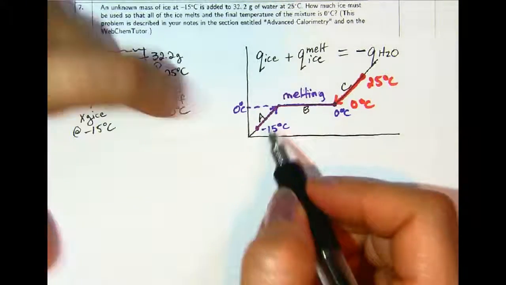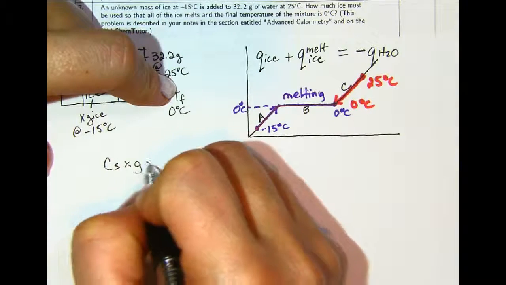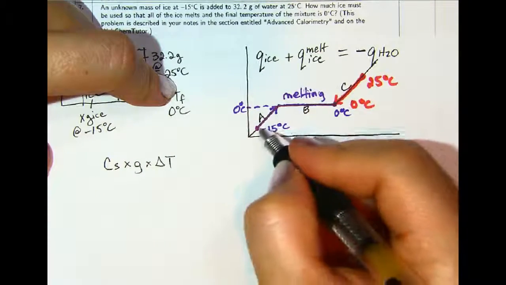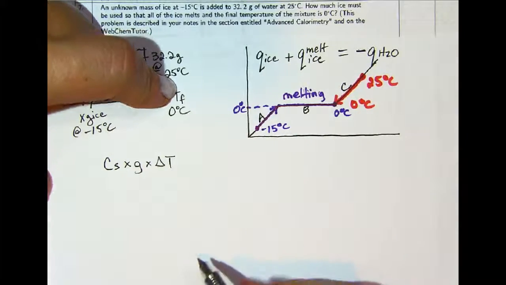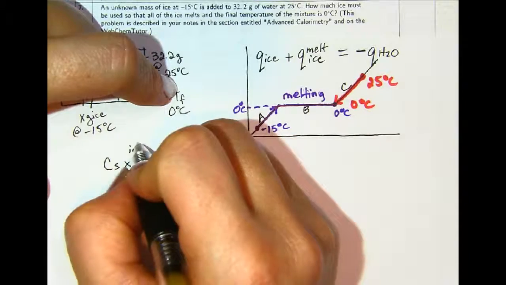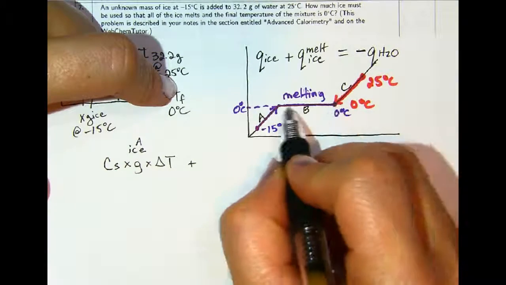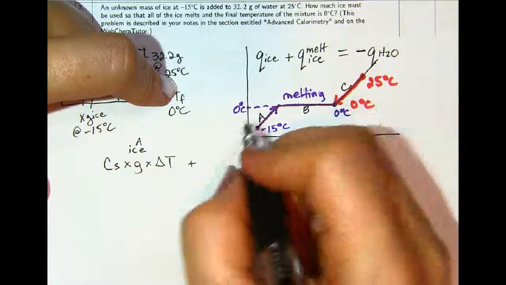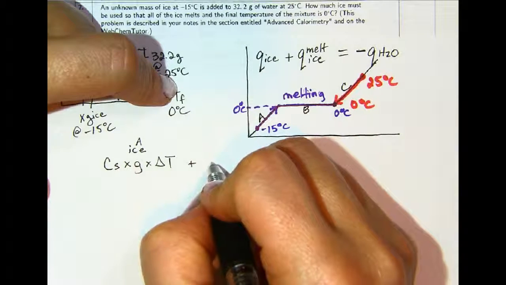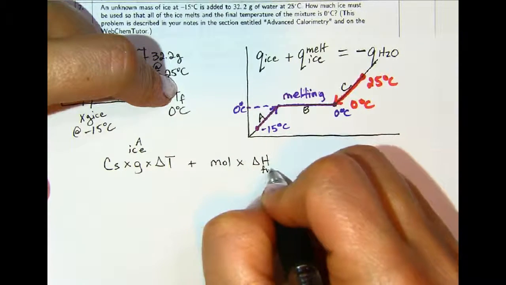So I'll start with segment A, where the Cs times g times delta T, because you'll notice in segment A there is a temperature change. This is for my ice, plus, segment B, all of the ice should melt, and so that would be the moles times the delta H of fusion.